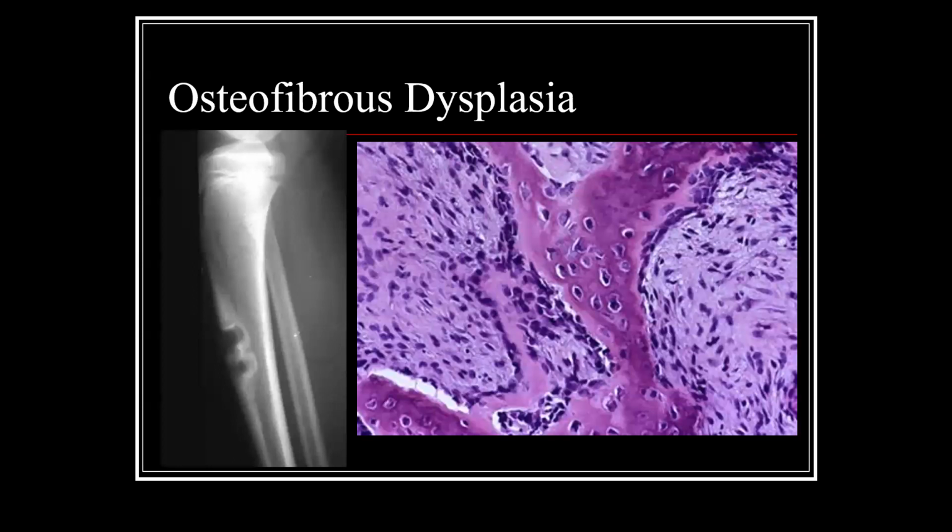So here's kind of what this would look like: sclerotic margin, lytic center, and here you see this nice osteoblastic rimming in this lesion. This is also sometimes called fibrous cortical defect, but I think this is more characteristically osteofibrous dysplasia, a better term.